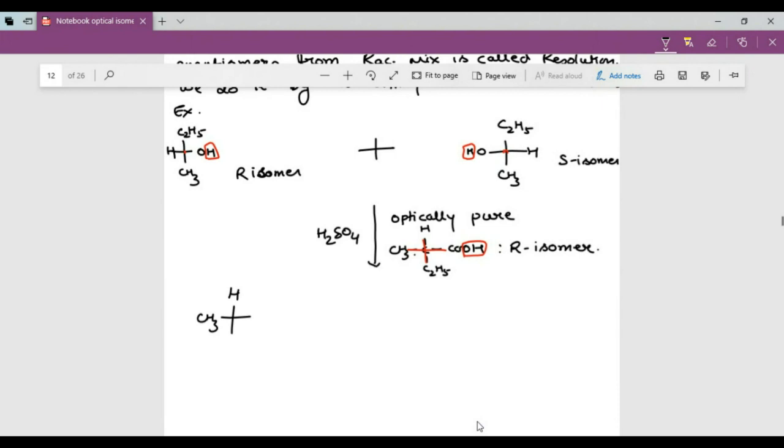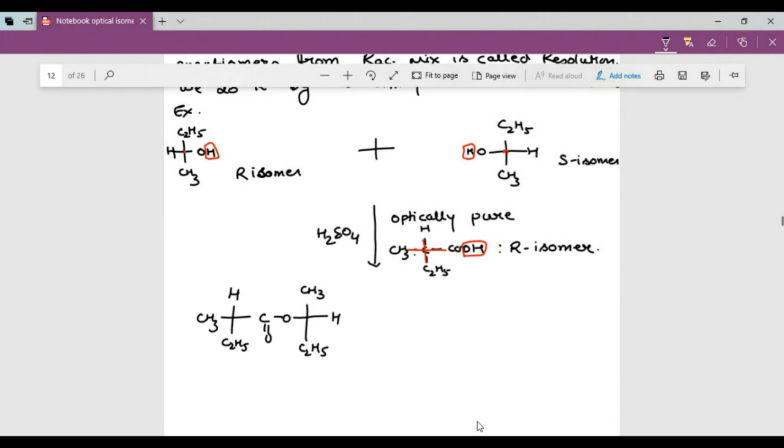CH3, H, C2H5, COO, with H on this side and O on this side, and it is still an R center.